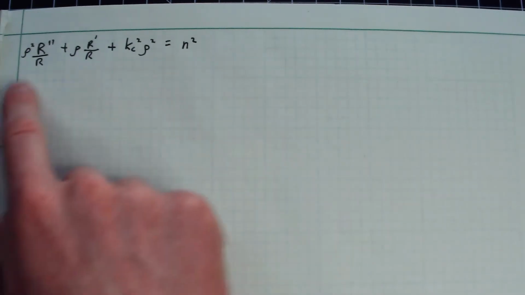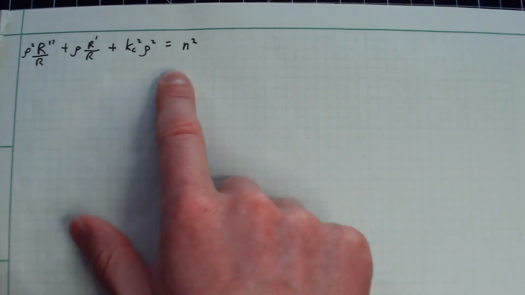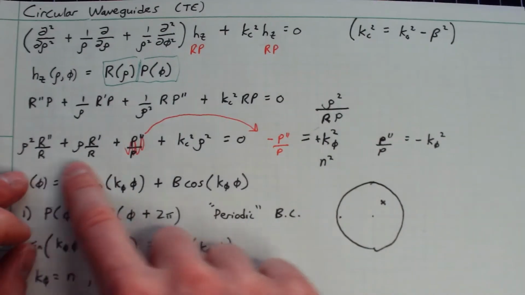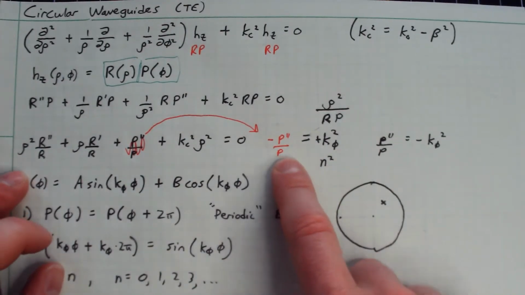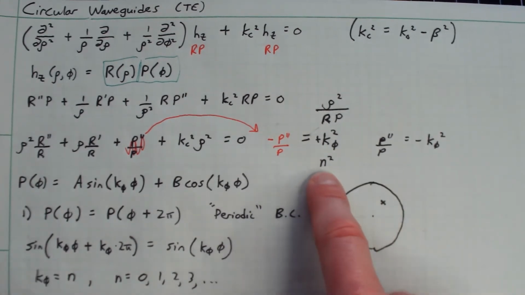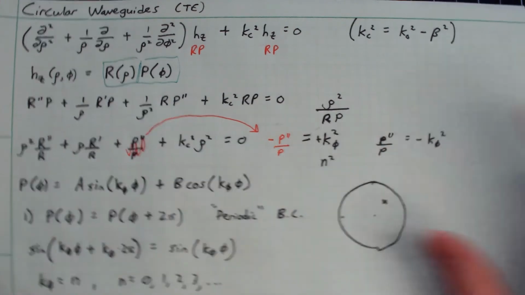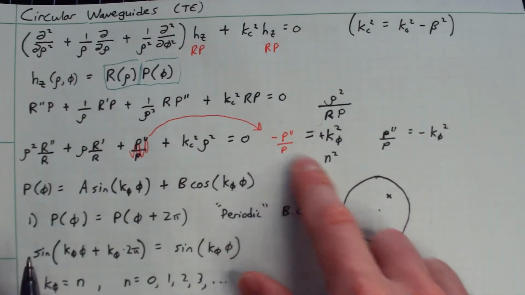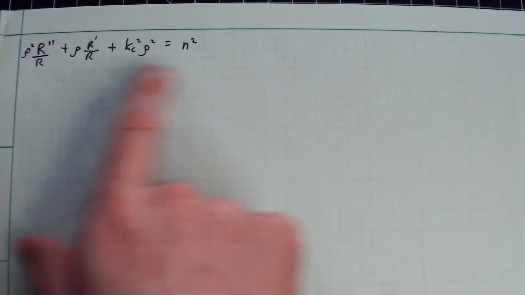Okay, so I have rewritten my differential equation here, because remember, we initially had it set up here, and on the right side we put this p double prime over p, which evaluated to the n squared term over here. Or actually, it was the negative p double prime over p that was a positive n squared. So I've just rewritten this out here, with a quick little rearrangement.